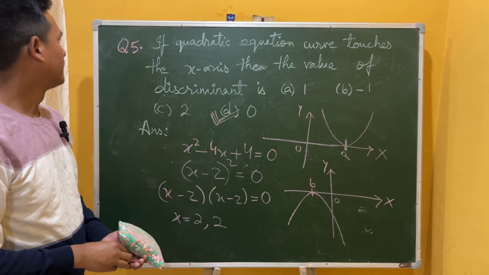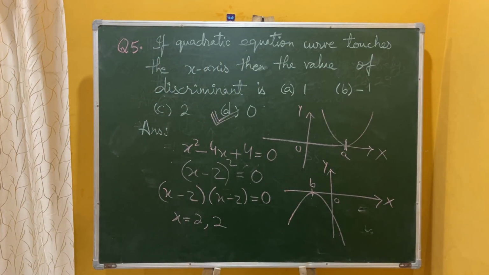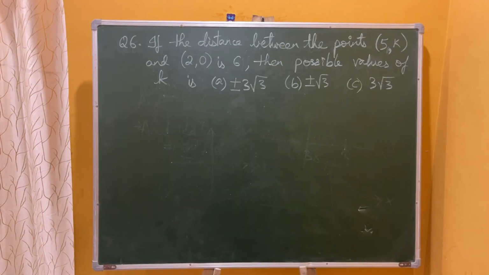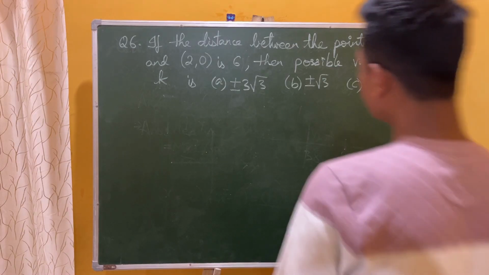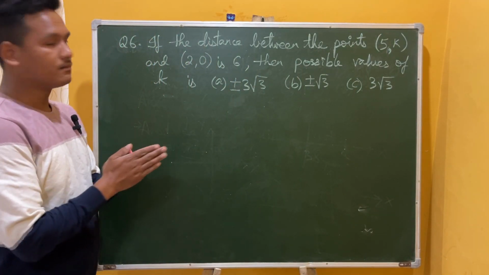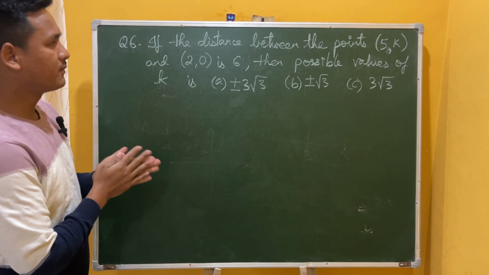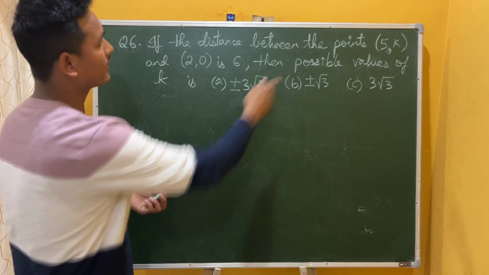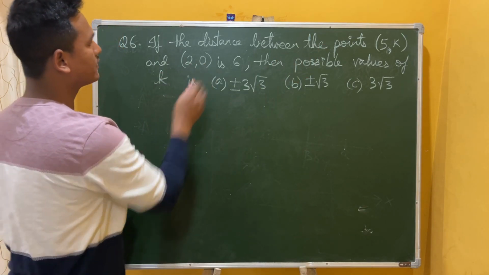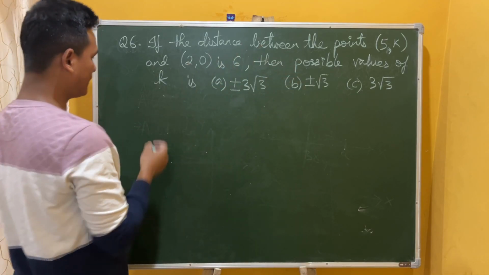So let's move on to another question. Question number 6. If the distance between the points 5 comma k and 2 comma 0 is 6, then the possible values of k are one of these.